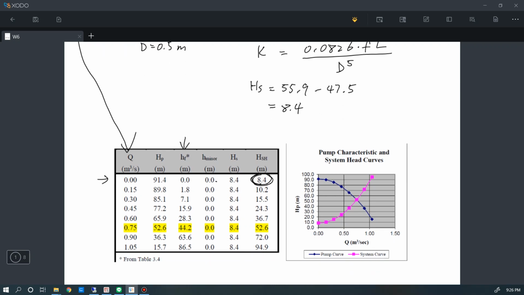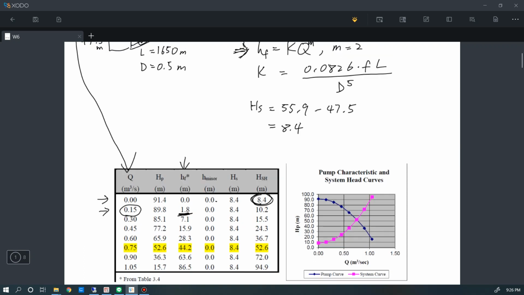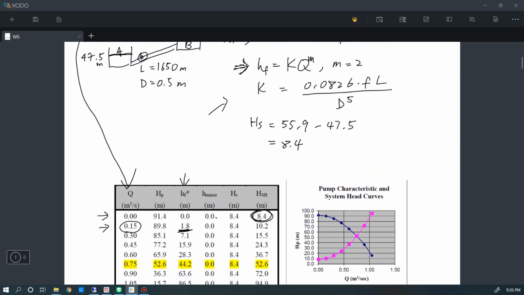Similarly, we can do the second row. If the flow rate is equal to 0.15, then we need to calculate the friction head loss using the equation that I showed here.